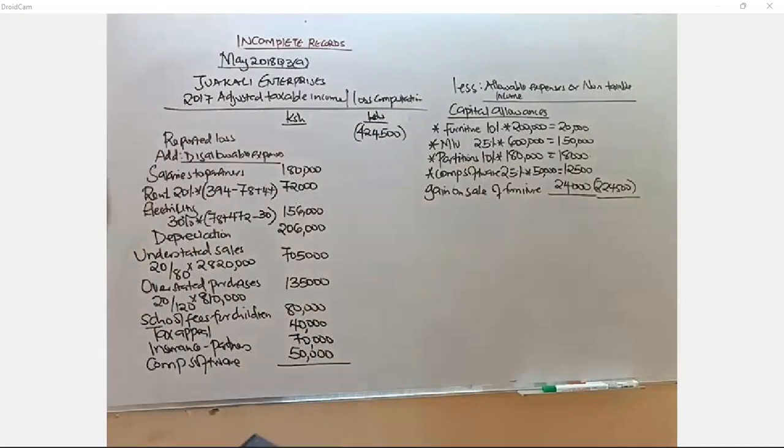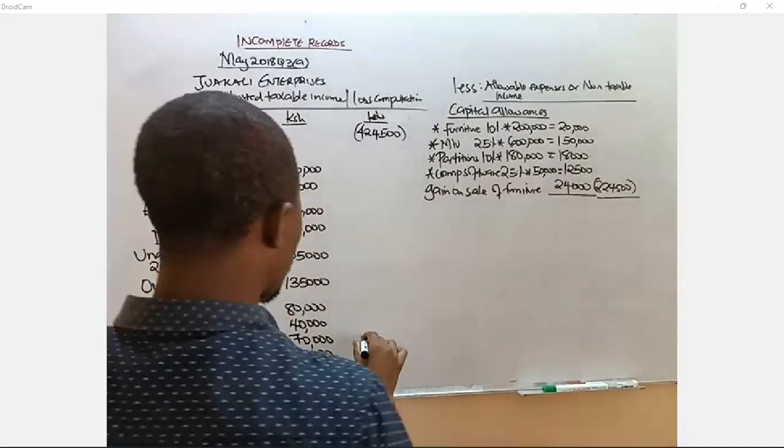Then we have 120 plus 120 plus 135 plus 705 plus 206 plus 156 plus 72 plus 180. Here I see myself getting 1,694,000.